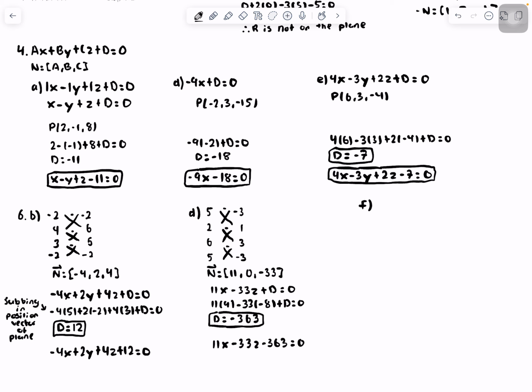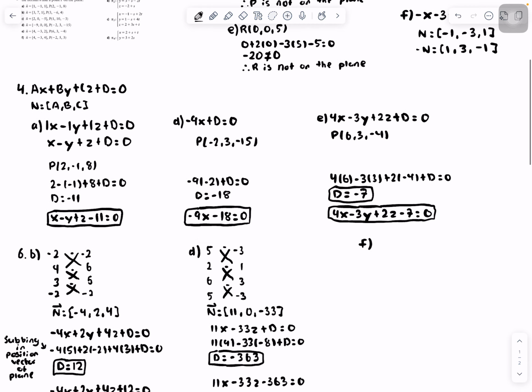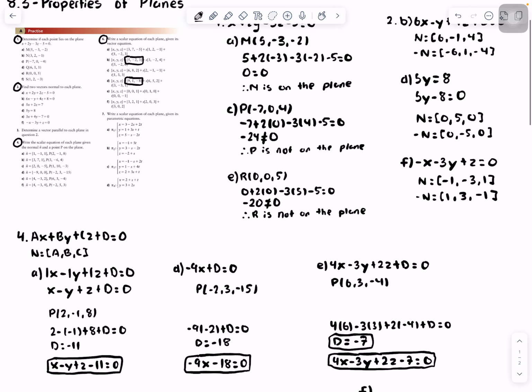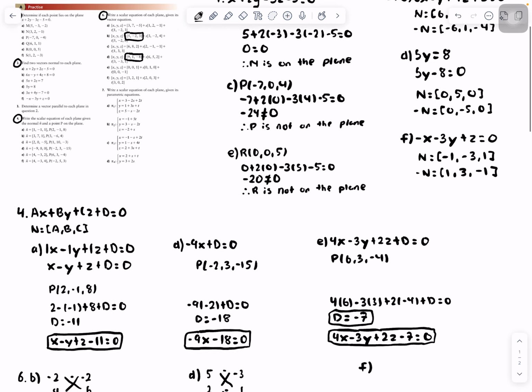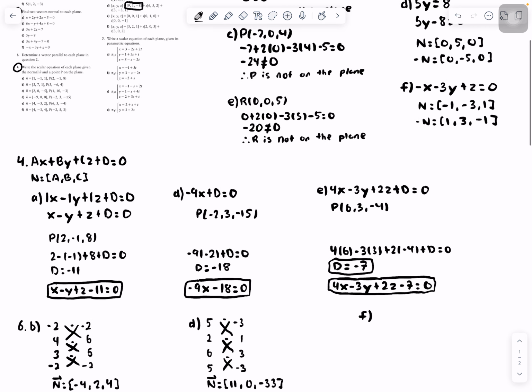F. So crossing the two vectors. So what do we have? 2, 0, 3, 3, 0, 2. So 0, 3, 2, 0, and 0, 2, 3, 0.